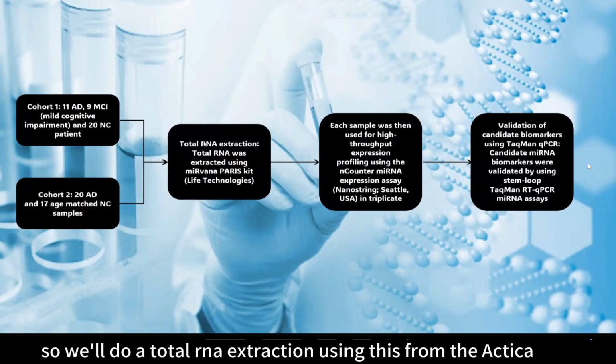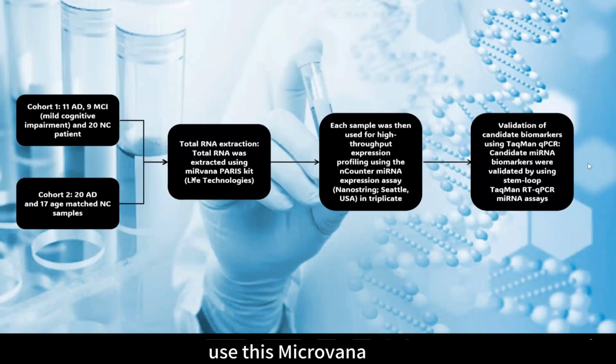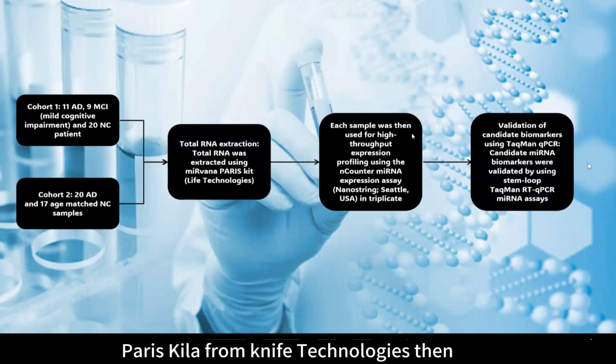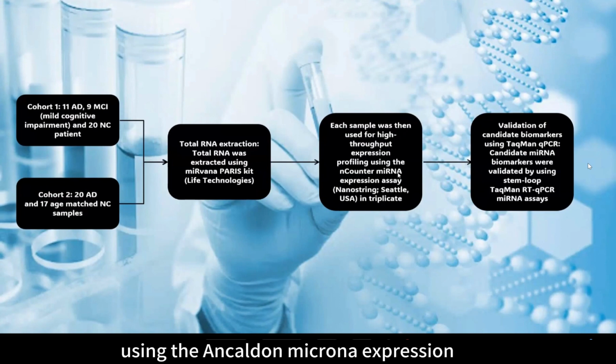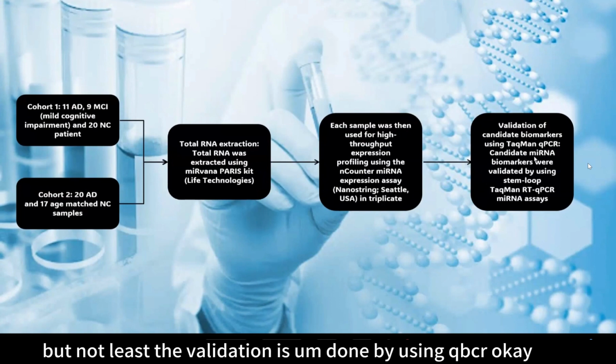We then do a total RNA extraction, which in the article used the mirVana PARIS kit. Then this sample was used for high throughput expression using the nCounter microRNA expression assay by NanoString in triplicate. And last but not least, the validation is done using qPCR.